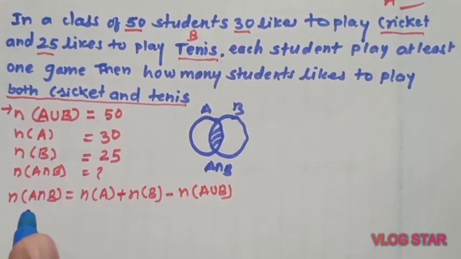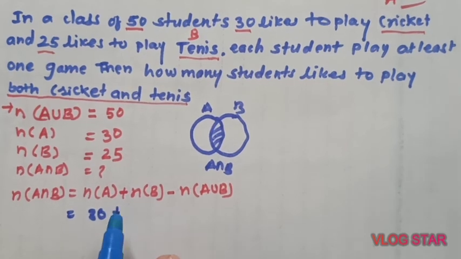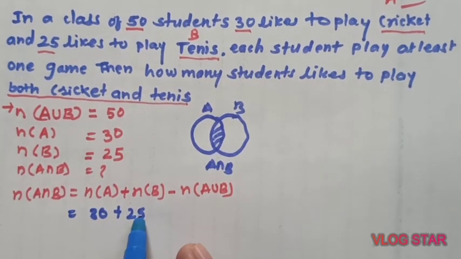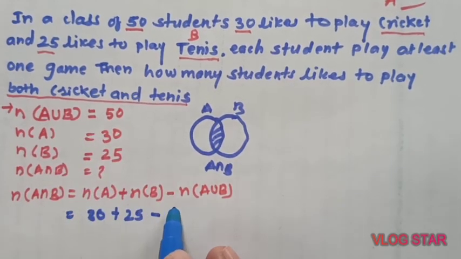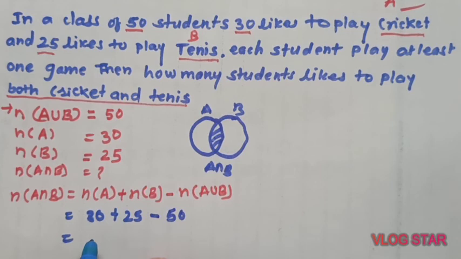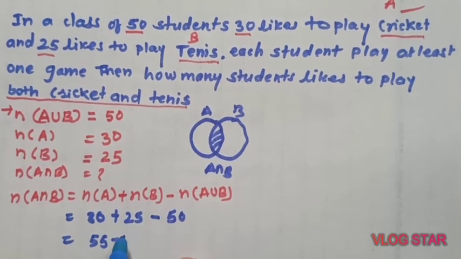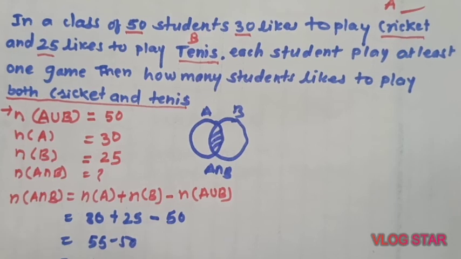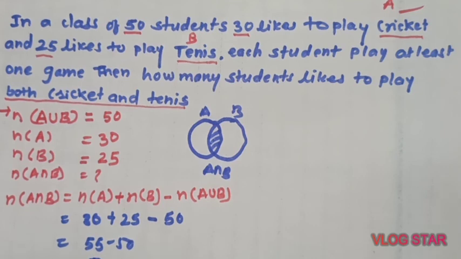Substitute values. How many elements are there in A? 30 elements. B 25, and A union B is given as 50. So your final answer is 30 plus 25, this is 55, minus 50, and 5 students are there who are playing both cricket as well as tennis.